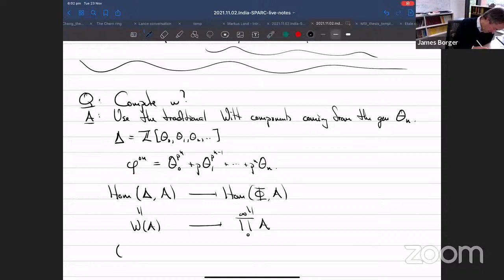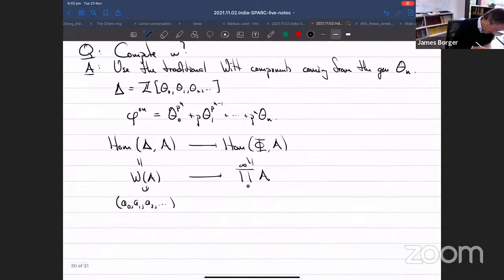So let me just tell you what it is. I should emphasize, these are theta coordinates, not the original delta coordinates that I used to introduce Witt vectors. But what does that Witt vector go to? You just change things around exactly by these so-called Witt polynomials.